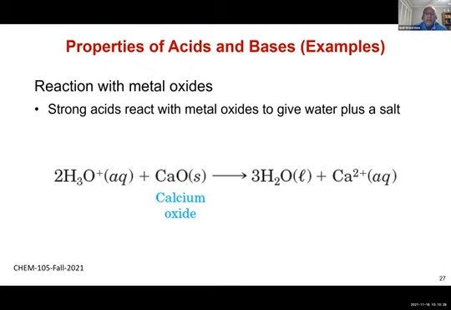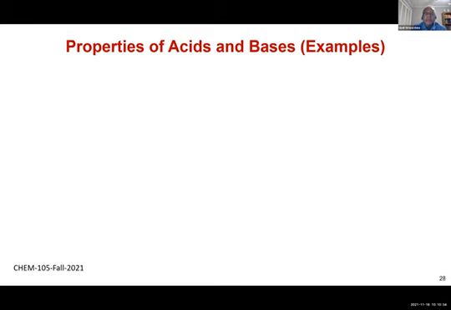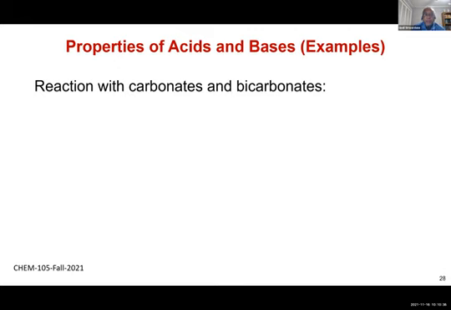Metal oxides behave like bases towards acids. Acids also react with carbonates and bicarbonates.